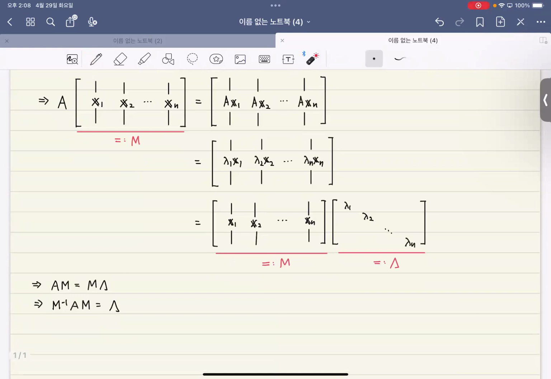So in this case, we can conclude that under this similarity transformation, matrix A has been transformed into another diagonal matrix lambda. Whenever this is possible, we say that the matrix A has been diagonalized.